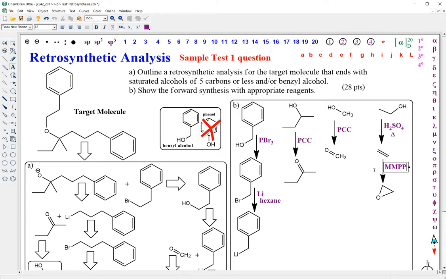Or the two-step procedure of halohydrin formation using bromine in water, followed by sodium hydroxide, which creates an NGP situation, also creates epoxides. Keep in mind, we did a sulfur ylide preparation of epoxides from carbonyl compounds that you should review as well for the test.